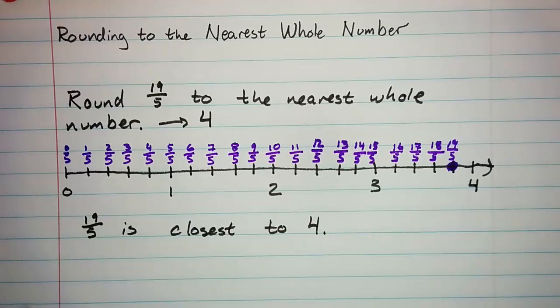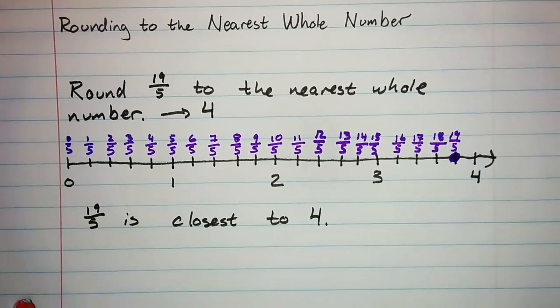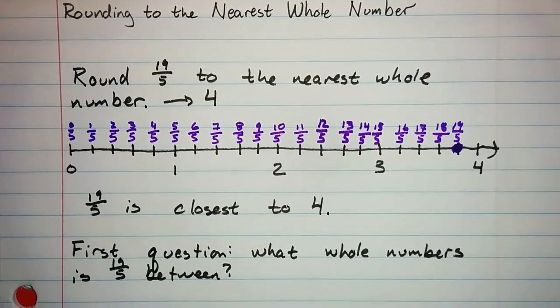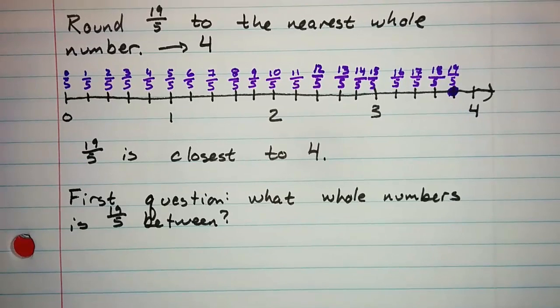When we're rounding a whole number to some place, the first question we asked ourselves was, what two numbers is it between? We'll ask ourselves that here. Fortunately, we have this specialized way of writing fractions that lets us easily see what two whole numbers the fraction is between, namely mixed number notation.